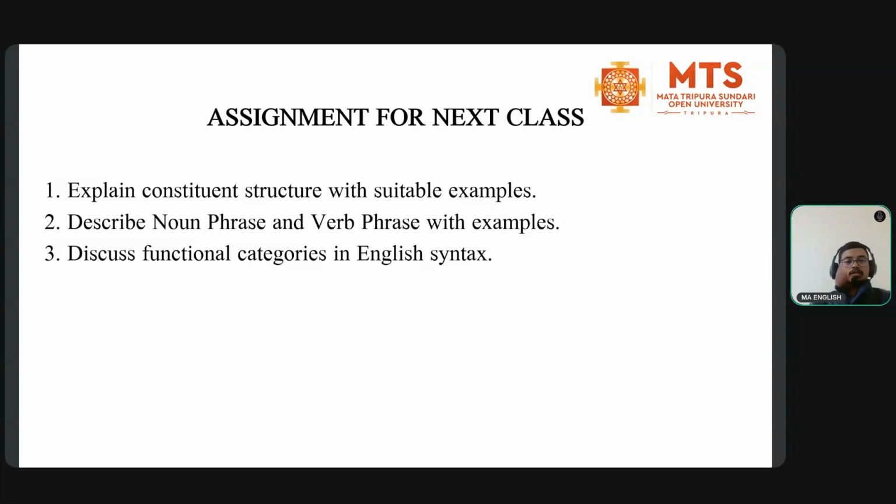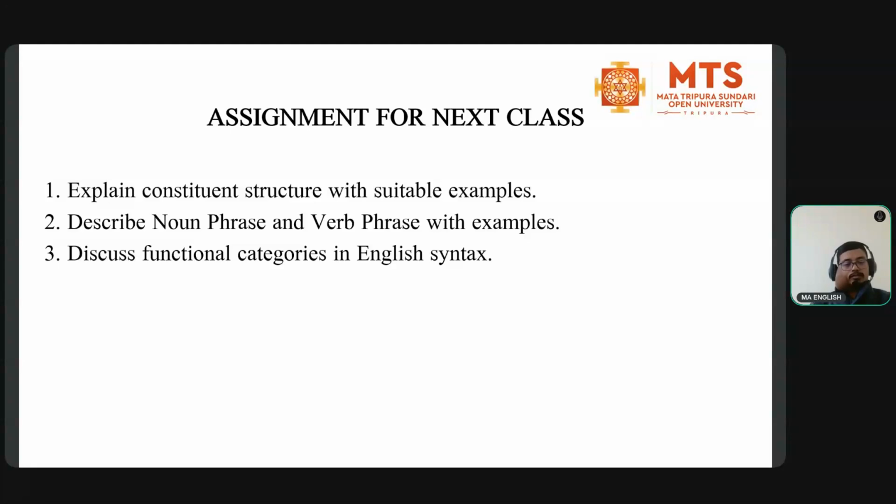In the second question, explain the structure of NP and VP, noun phrase and verb phrase, and show how they function in sentences. In the third question, explain what we have already discussed in the previous slide, functional categories like determiners, tense, and complementizers.